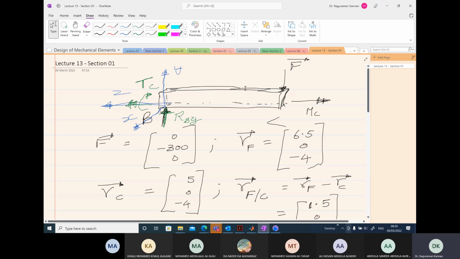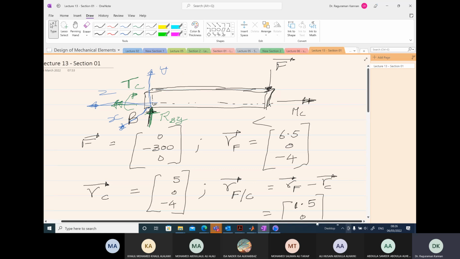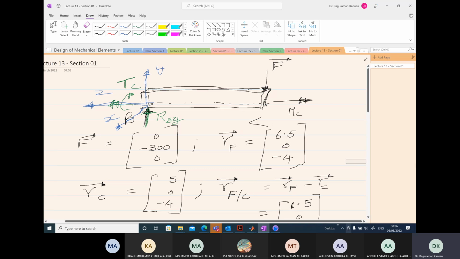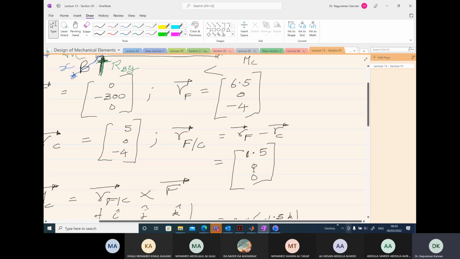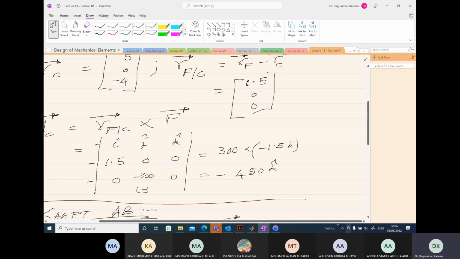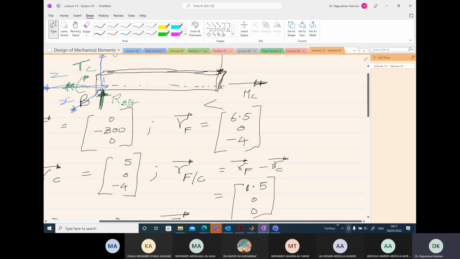However, the bending moment varies along the length, and it will be maximum at this end B. So the location B will be the point where your stresses are maximum. So we can write the equation by the side here. So we have the torque value 450 K and the F value 300.